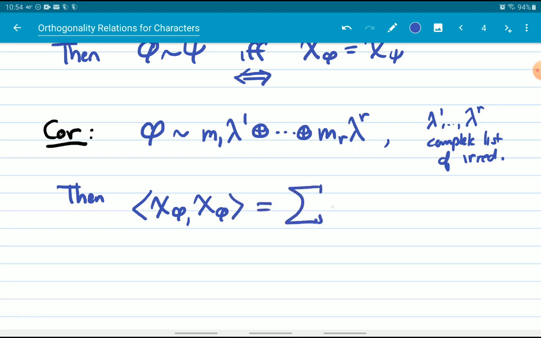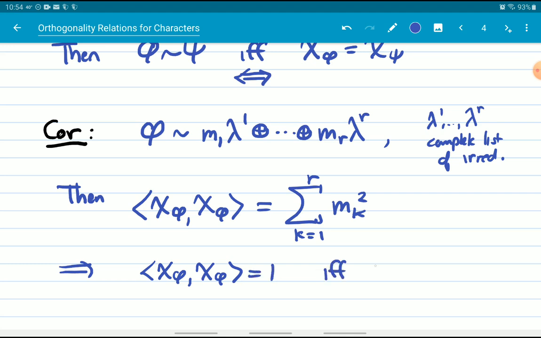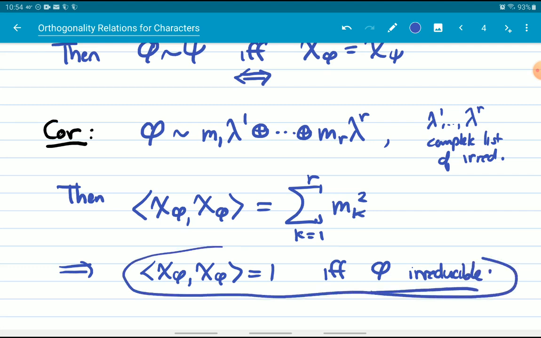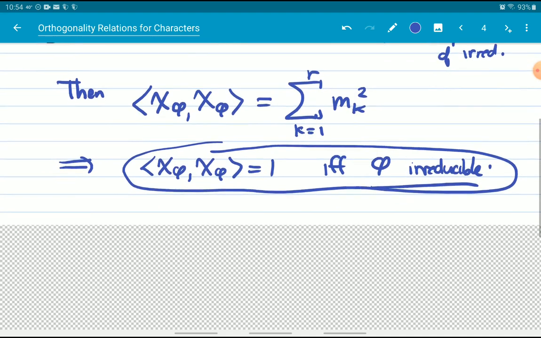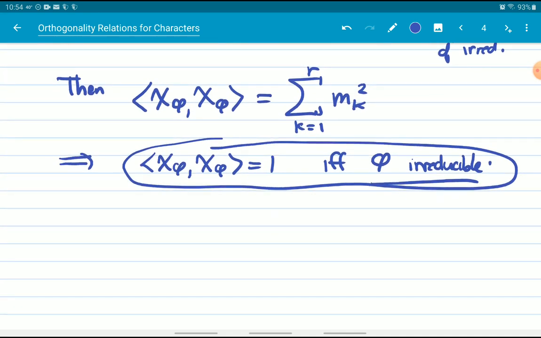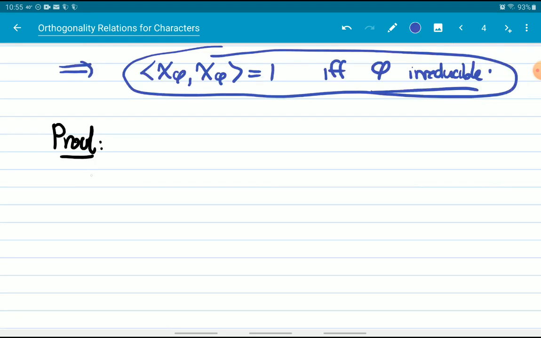That just turns out to be the sum of the squares of the multiplicities. And this has a consequence. That inner product is equal to 1 if and only if phi is itself irreducible. In other words, we get a criterion for when a representation is irreducible just in terms of its character. Just compute the pairing with itself. If it's 1, it's irreducible. If not, it's not.